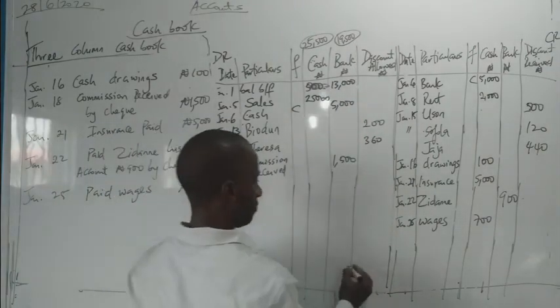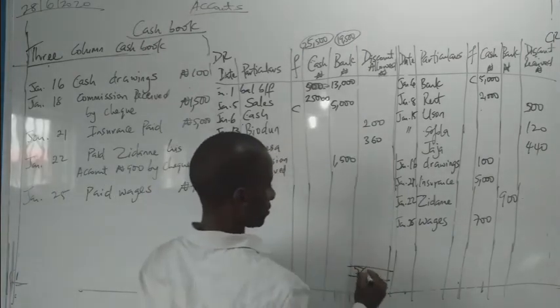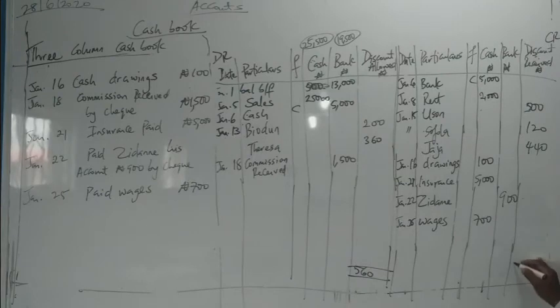You can come here, put it down here. This plus this, 560. Come to this side, discount received. This is 500 plus this 620. 620 plus 440. Everything will give us 1,060 naira. So we're through.